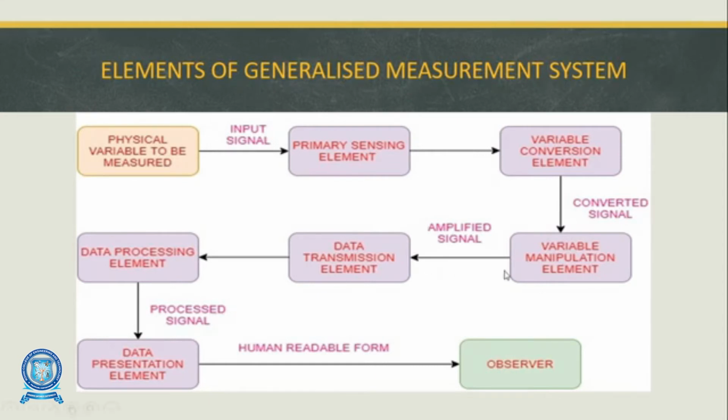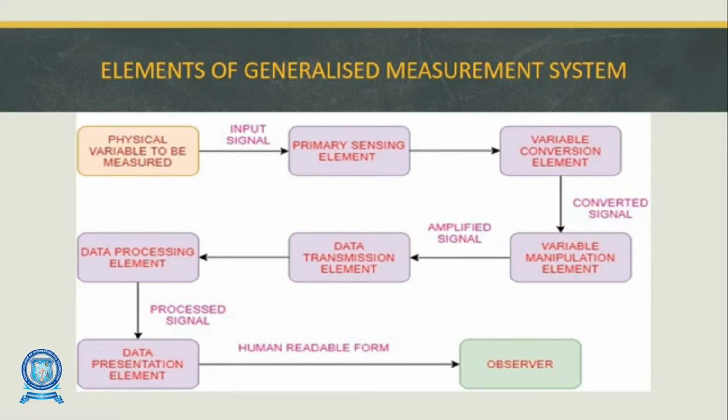Amplify is nothing but the element which receives the lower input signal and converts it into the higher signal. It modifies that signal to the higher output or higher amplified signal.